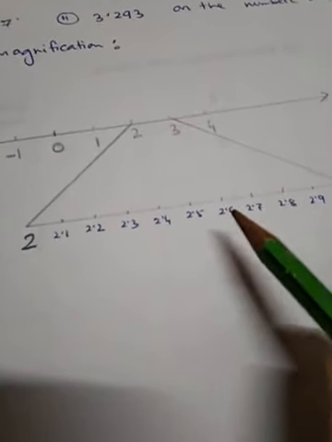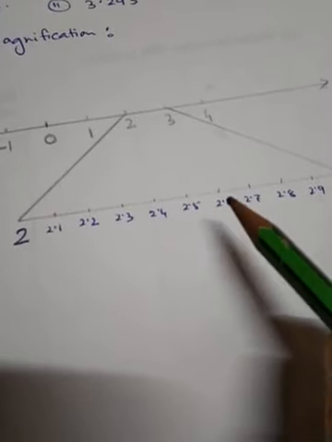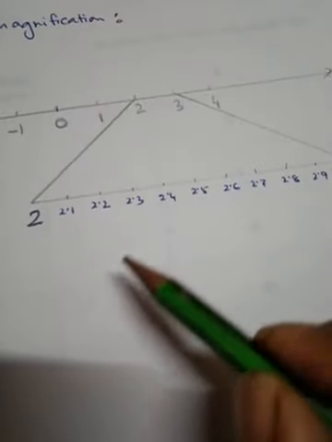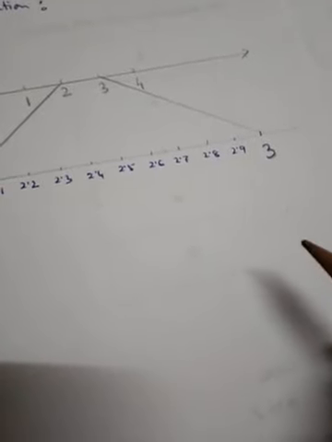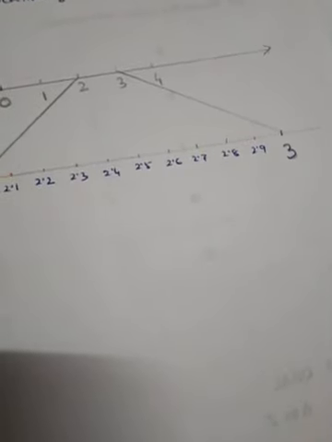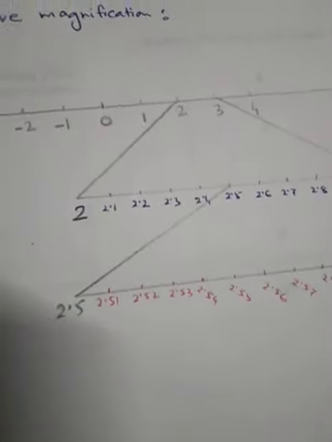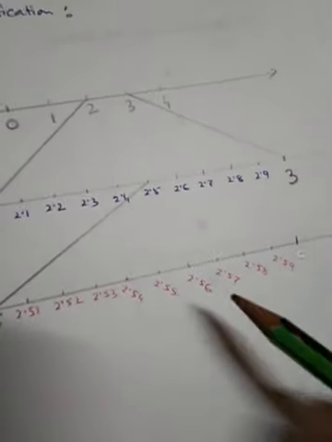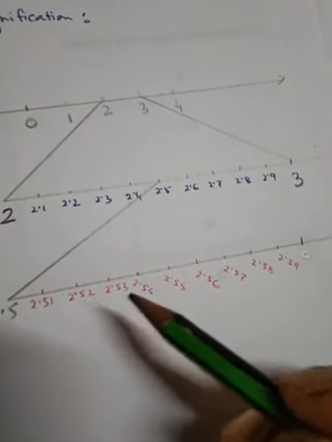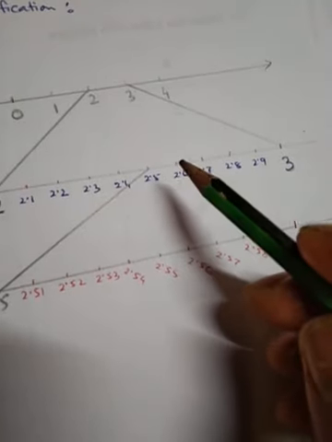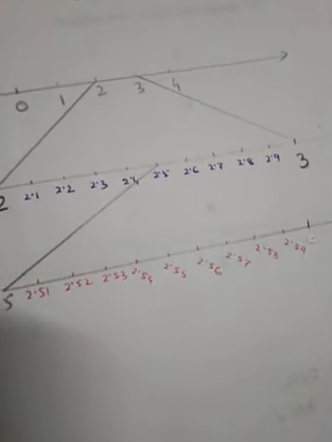Now our question was 2.57, so here you can see 2.5, and obviously 2.57 is in between 2.5 and 2.6. So next we have to expand 2.5 and 2.6 in the same way. First we draw one line from here, 2.5, then we draw another line, and here we make 10 equal divisions. The 10th division we join with 2.6. So here you can see 2.5 we have expanded, and then we have made 10 equal divisions: 1, 2, 3, 4, 5, 6, 7, 8, 9, 10, and the 10th point we join with 2.6.